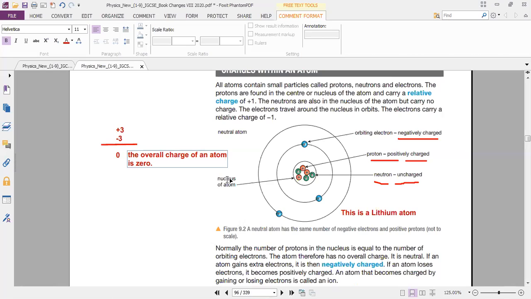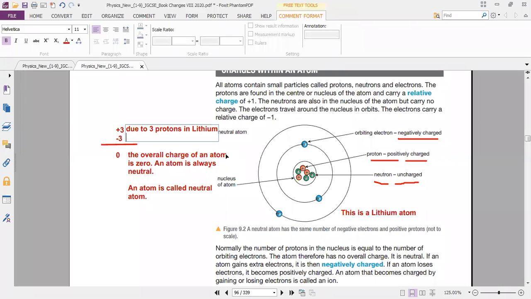So an atom is always neutral. An atom is always neutral. So an atom is called a neutral atom. This +3 is due to 3 protons in lithium.